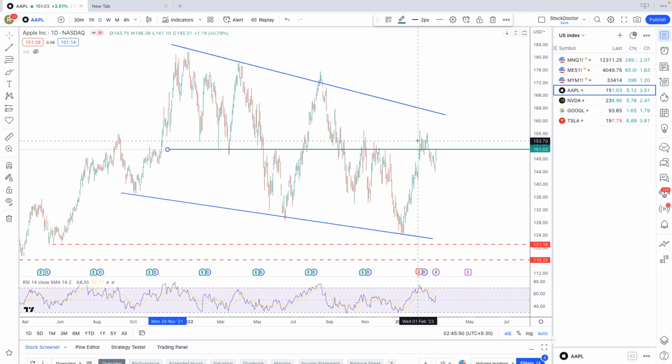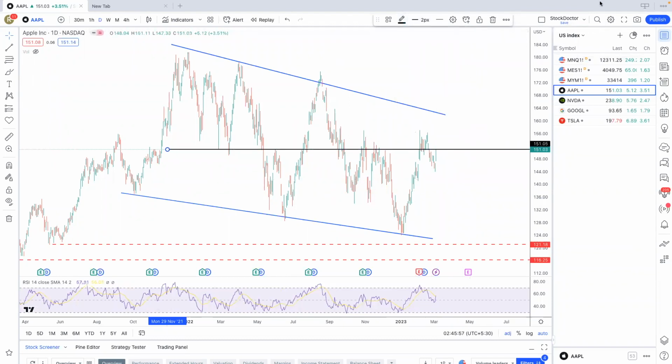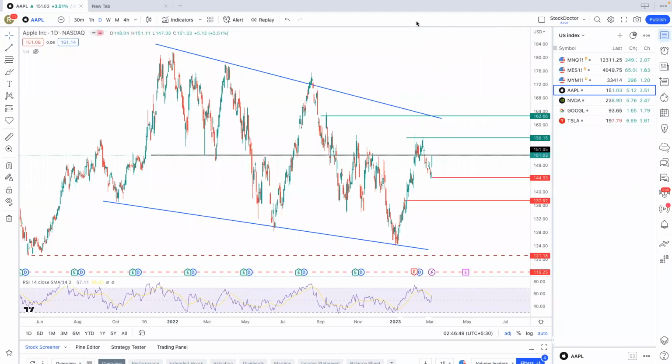Okay, and if it starts trading and sustaining above 151, then you will see clear cut above $151, where it gave a strong closing on Friday. If it stays above that, the first target is 156 and second target is 162.